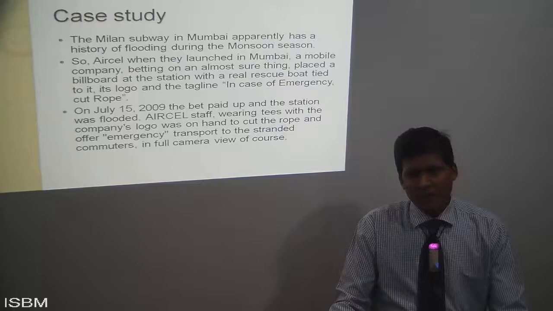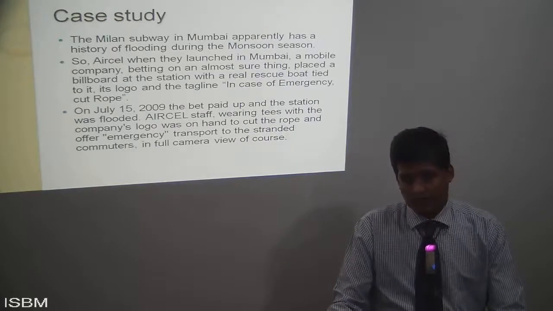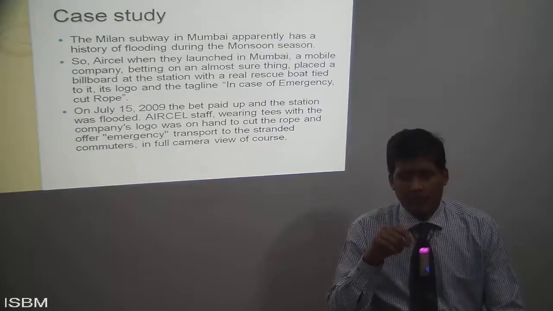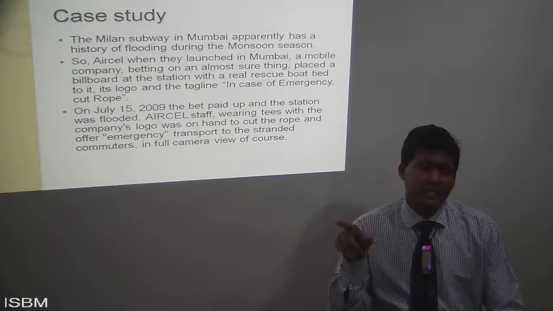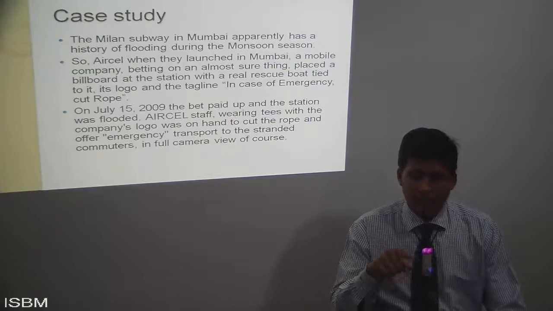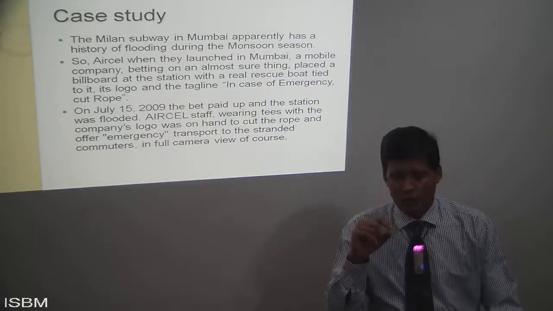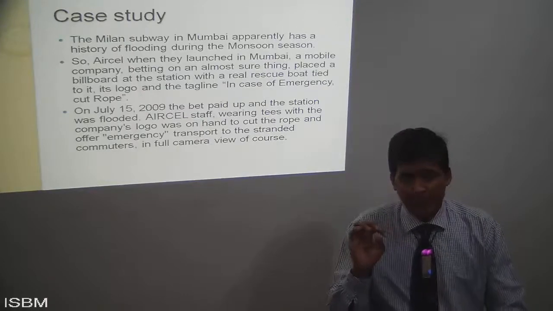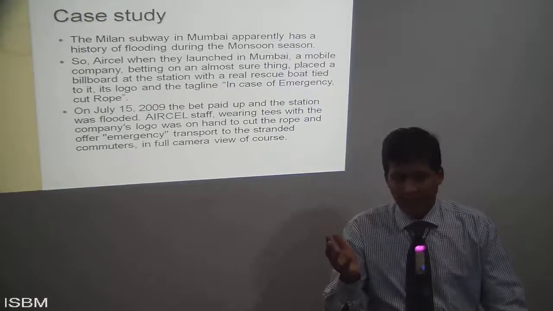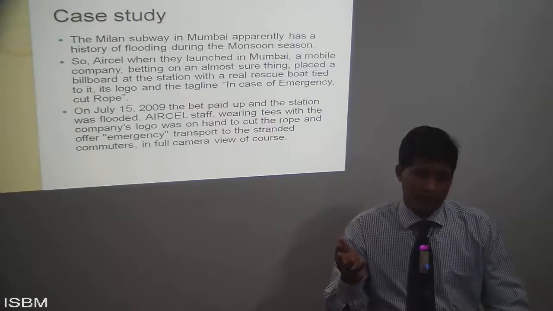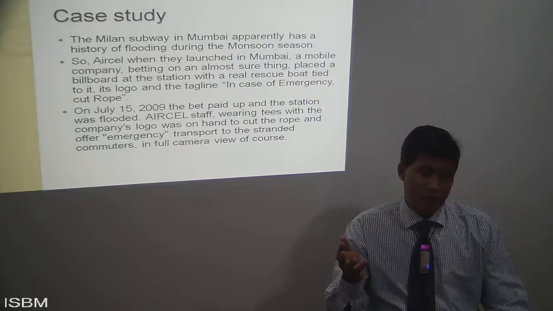Now, let me give a brief background of the case study. The Milan subway, which is a subway in a suburb of Mumbai, apparently has a history of flooding during the monsoon season. If you are a student based in Mumbai, you know that very well: the Milan subway is one of the subways that get clogged every monsoon season.